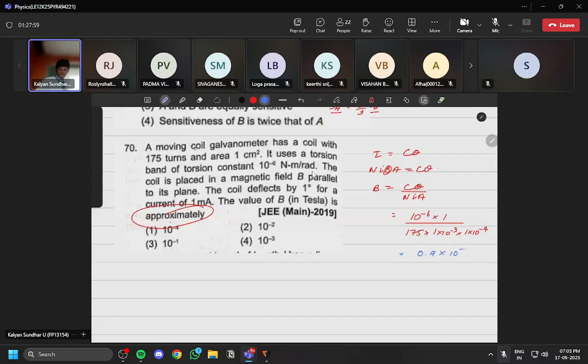So this will be the answer. It is of the magnitude of 10 to the power minus 3. It will be 9.9 into 10 to the power minus 4. Considering significant digits, it will be about 0.99, which is nearly 1 into 10 to the power minus 3.